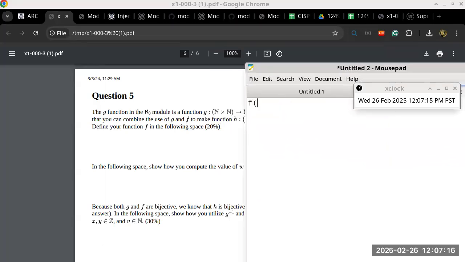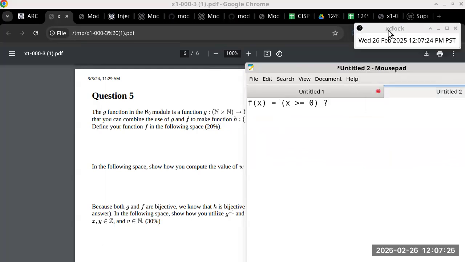So f of x, x being an integer, is, if x is greater than or equal to 0, then we are talking about 2 times x. Otherwise, we are looking at -2 times x, and then the whole thing minus 1. There we go.